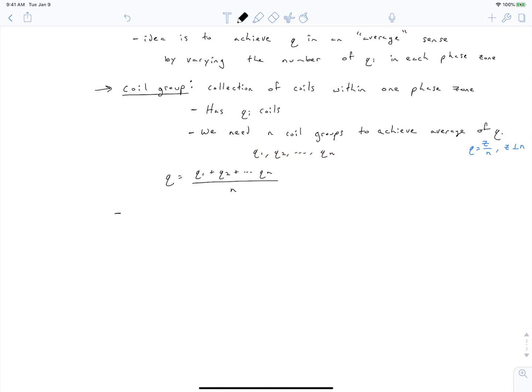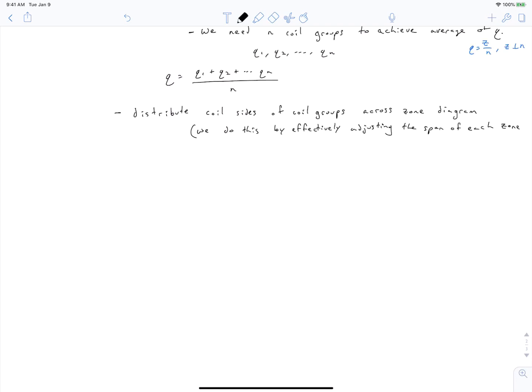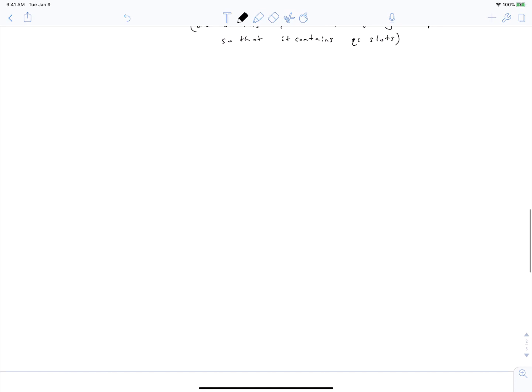And we're going to formalize this in a set of steps next. And again, we managed to distribute these coil sides by adjusting the span of each zone so that it contains Qi slots, where Qi is this number of slots. Okay, so that's the narrative of what we're trying to do. Let's now set up a set of steps that will achieve this.